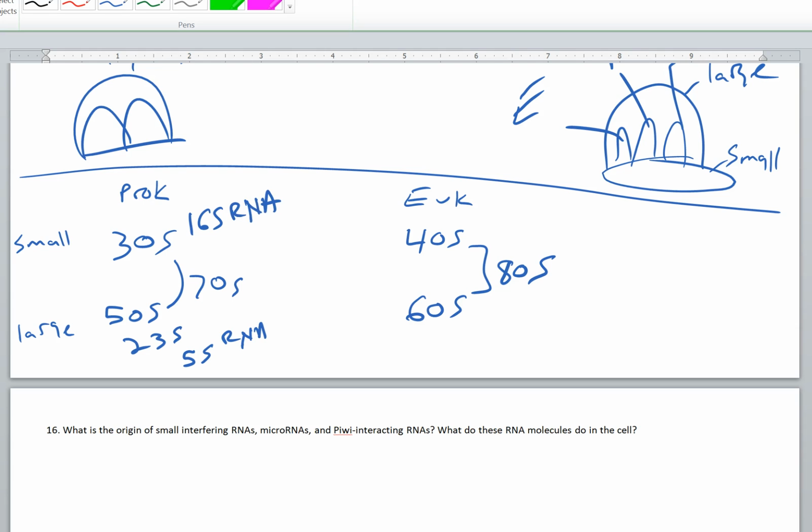And then in eukaryotes, we have 28S, 5.8S, so we got a little bonus RNA here, and a 5S RNA in the large subunit, and then an 18S RNA in the small subunit.